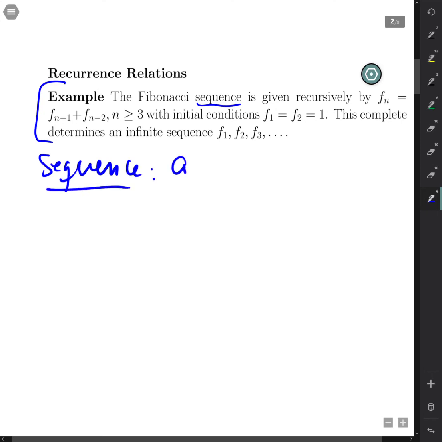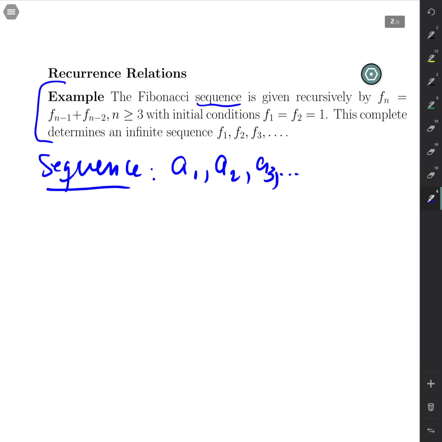A sequence is just a list of terms which typically will be infinite. It goes on forever. People do talk about finite sequences, but we're going to focus our attention on a sequence that is potentially infinite in terms of the number of terms it has in it.